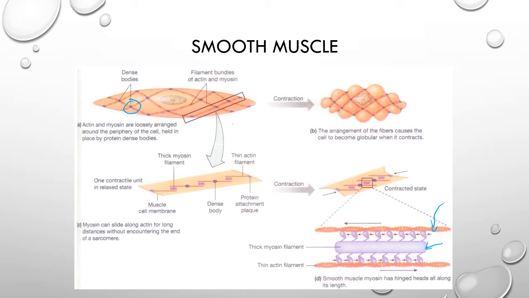And as they line themselves up, essentially those bundles are going to pull their force between one dense body and the next. And this creates kind of a wringing type of a contraction of the muscle. Imagine kind of wringing out a towel. You're going to take that towel and you're going to twist it, and as it does so, it becomes visibly shorter and also thicker.